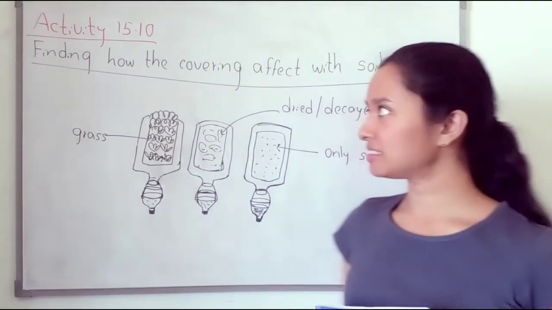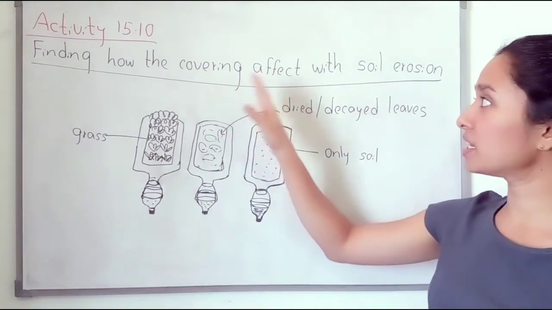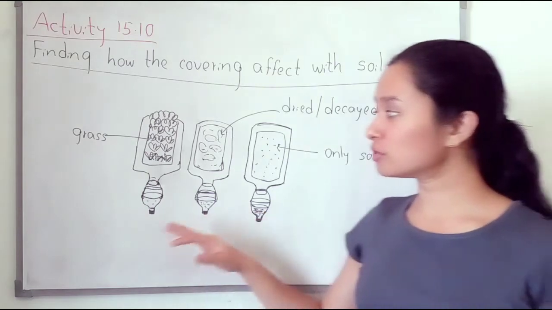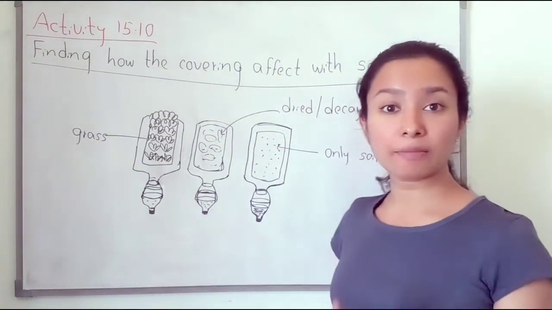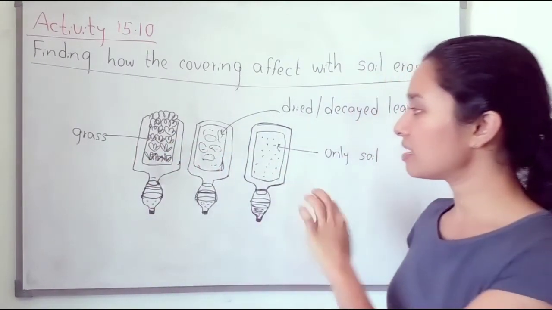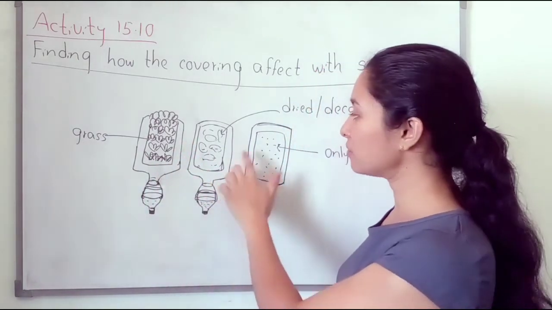Activity 15.10. Here we have to find out how covering affects soil erosion. To do this activity, we have to take 3 large plastic bottles. And we have to cut these plastic bottles as in the figure.